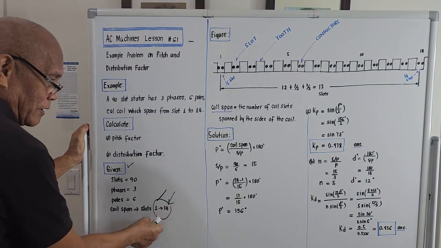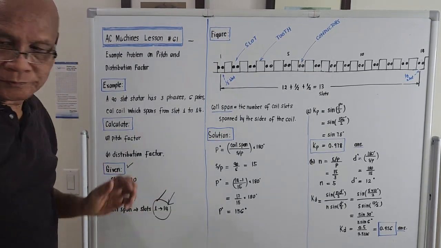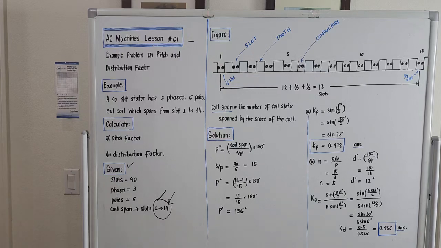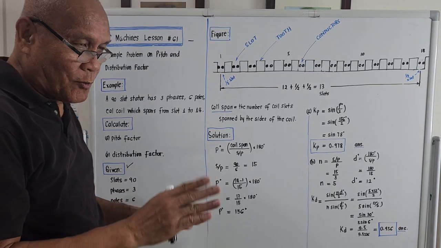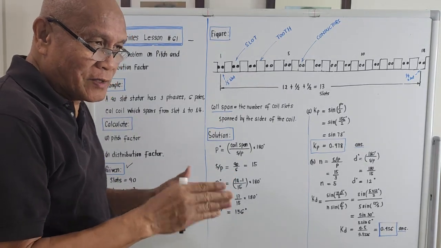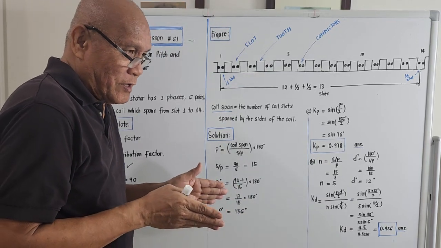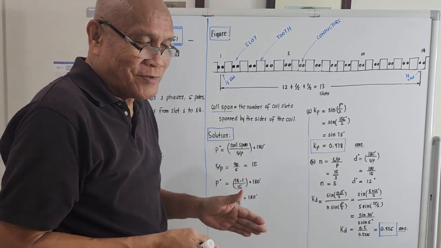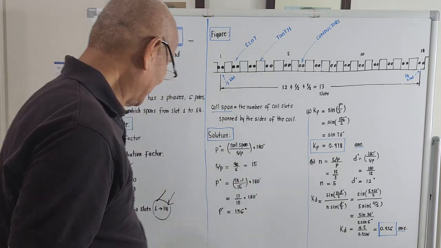But this is very critical in the computation of the pitch factor. If you made a mistake of one slot, the error is not so much, because 1 degree error is not very noticeable. But if we are talking concepts, it is wrong, right? So we must correct it.